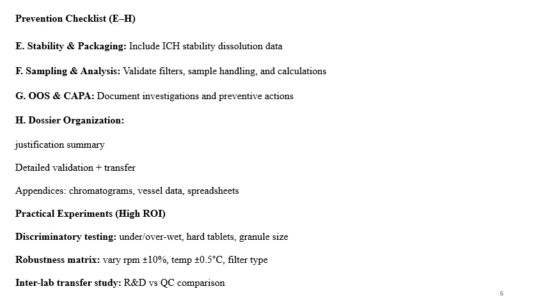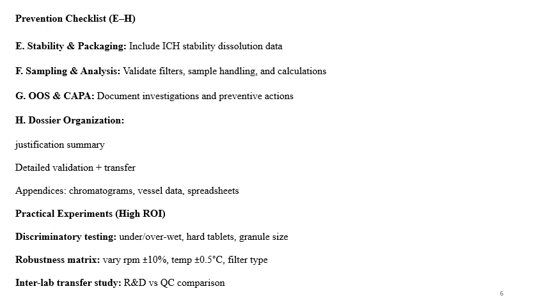Then preventing the queries related to stability, sampling and analysis, like OOS and Kappa. So stability and packaging: include the ICH stability dissolution data, include the data from all batches, all strengths, all conditions and all the packagings. Sampling and analysis: validate the filters, sample handling and calculations. OOS and Kappa: document investigations and preventive actions.